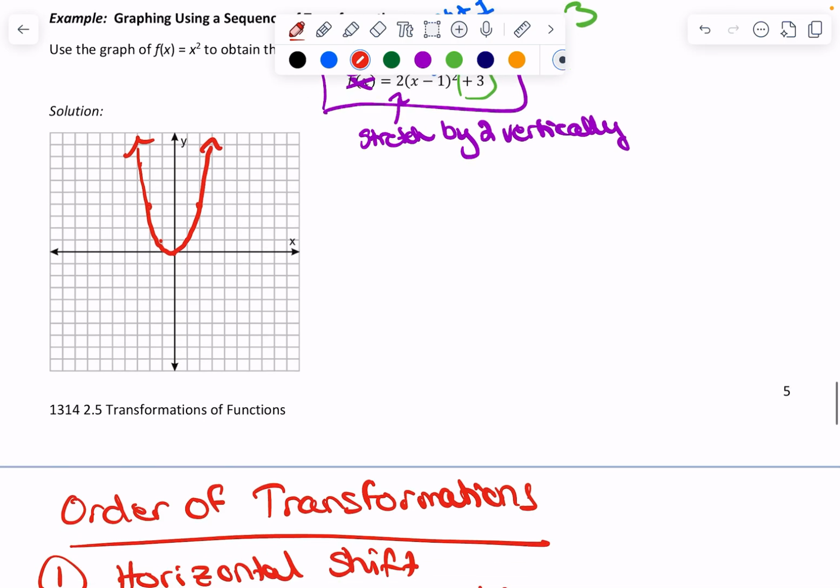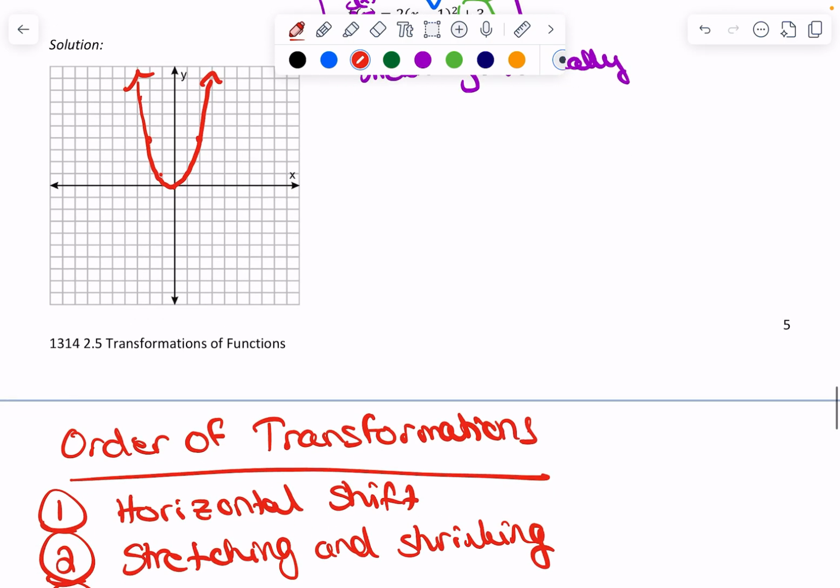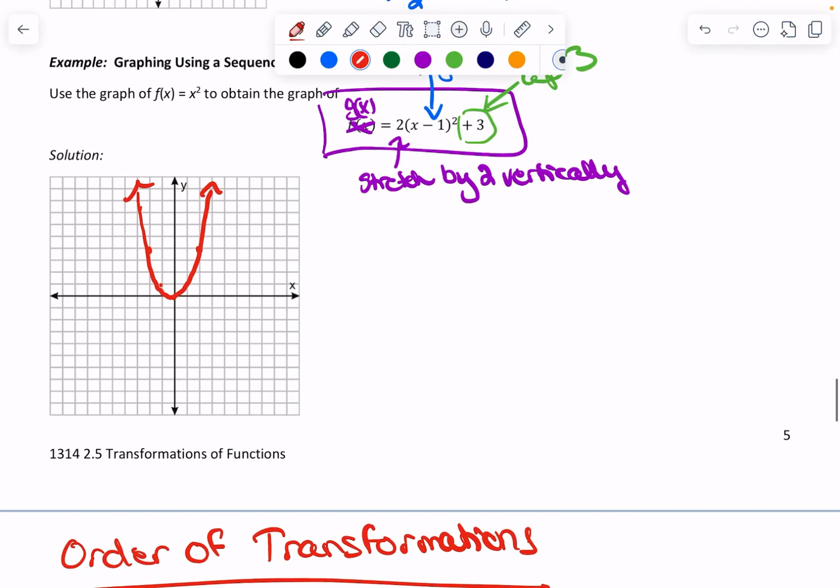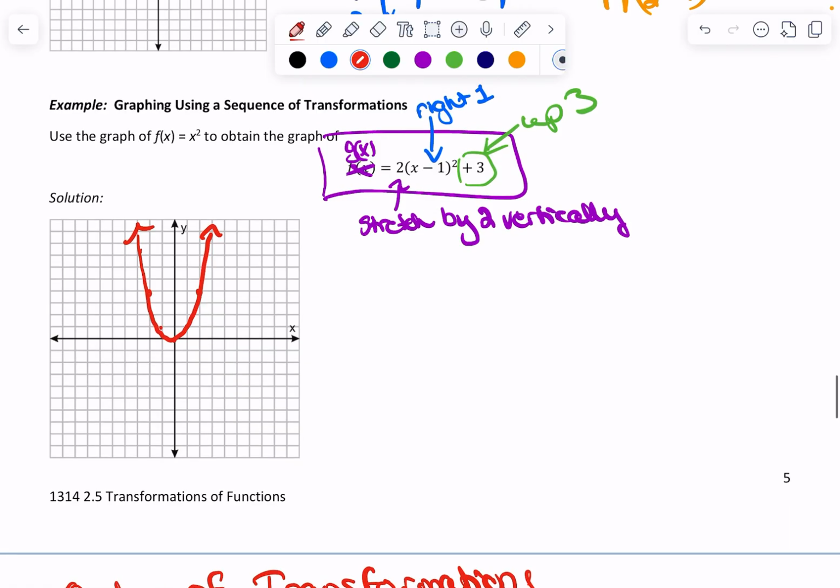So first is the horizontal shift. We are shifting this whole thing right 1. So this point goes here. Everything shifts right 1.